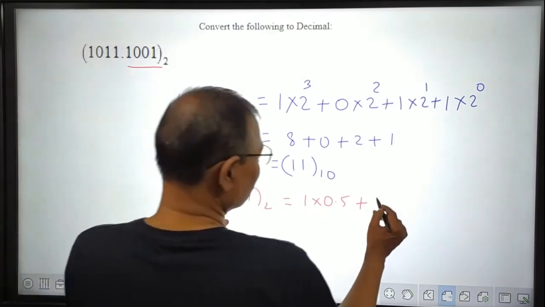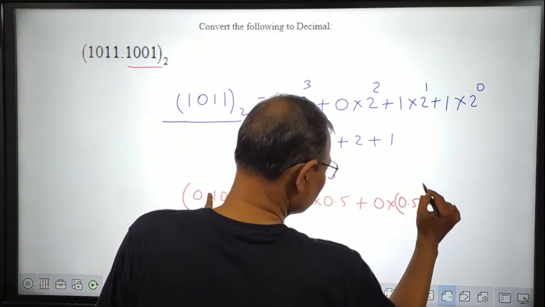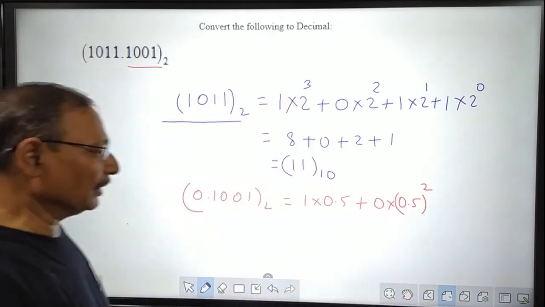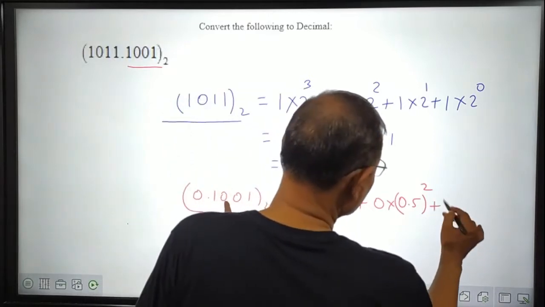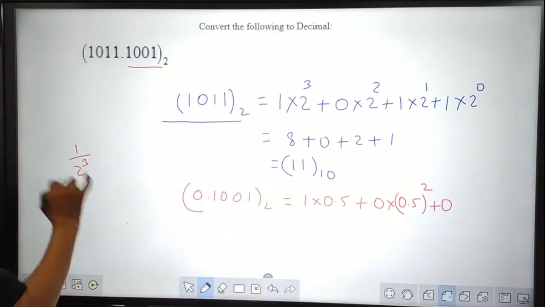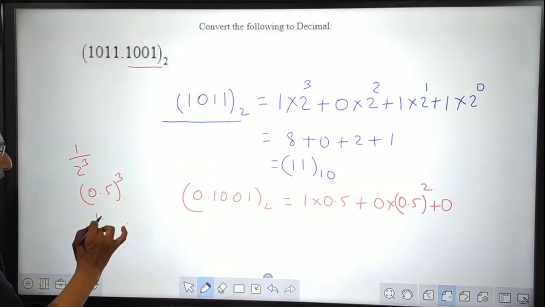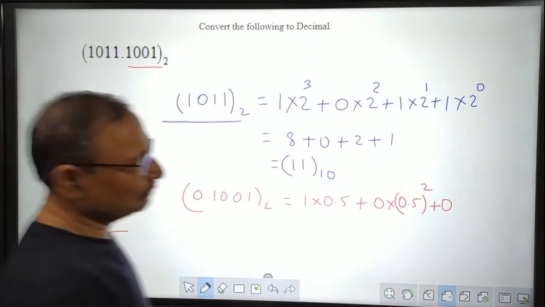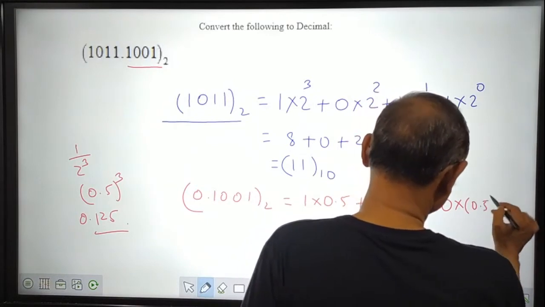We know that it will be equal to 0, but I have written here 0.5 whole squared, that is 0.25. And this 0 we multiply by 1 by 2 to the power 3, which we can write as 0.5 to the power 3, that is 0.125. I'm writing it to make you comfortable, 0.5 cube.